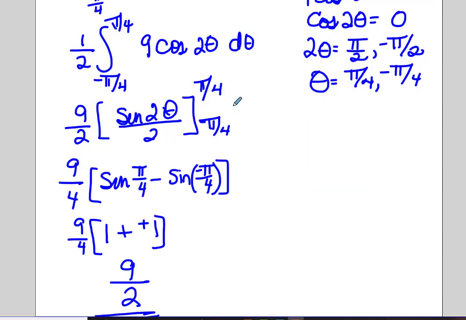So substituting our values in for π over 4 and negative π over 4, and pulling out the 4 here, we have 9 over 4, and this is going to be 1 minus negative 1. So that's 2 times 9 divided by 4, and our area under the lemniscate petal would be 9 over 2.